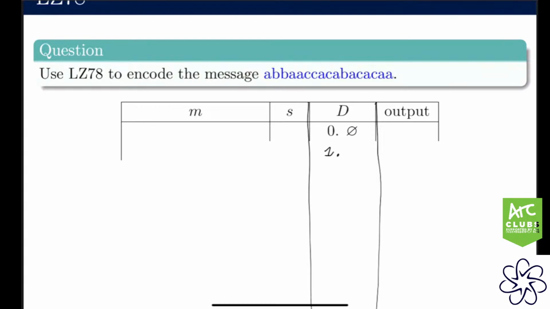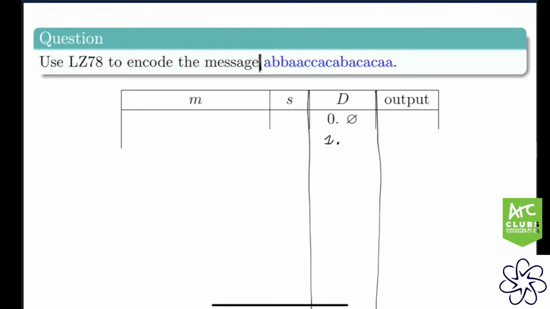So, the first entry in our dictionary: we're going to look at this message. We're going to say, do I recognize any elements in our dictionary already, reading left to right? The answer here is no, because A is not in our dictionary yet. And so if we don't see anything, we're just going to append it to the dictionary element that we do have.